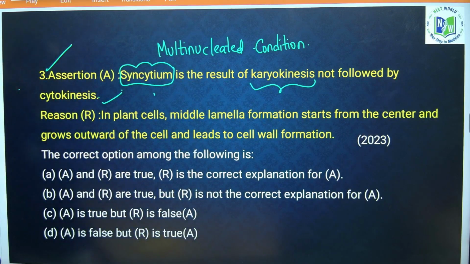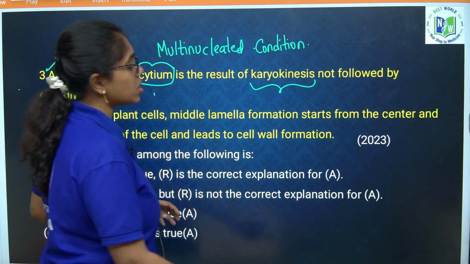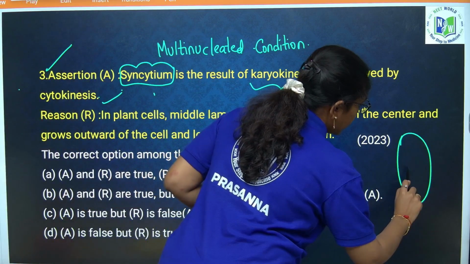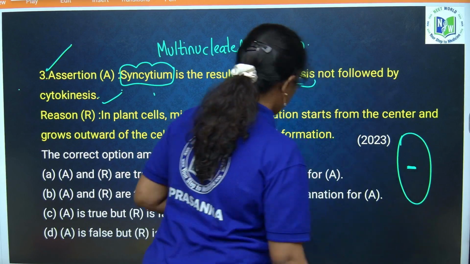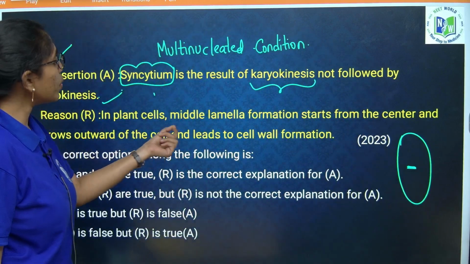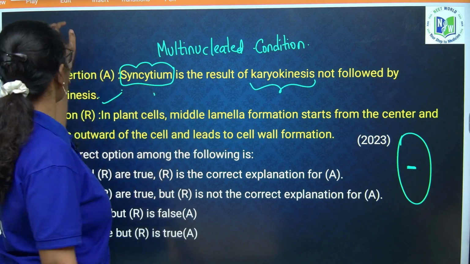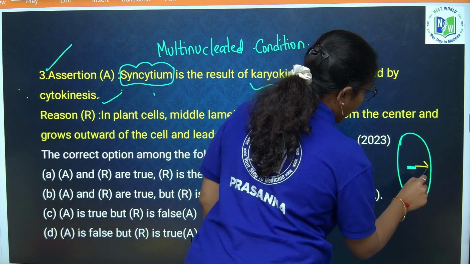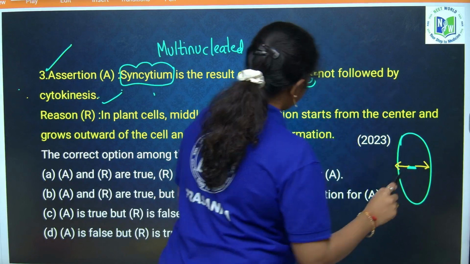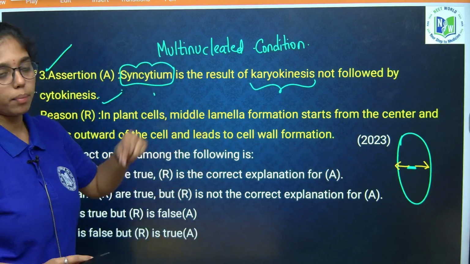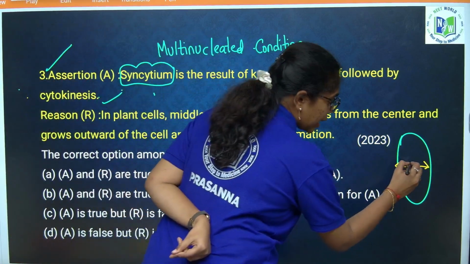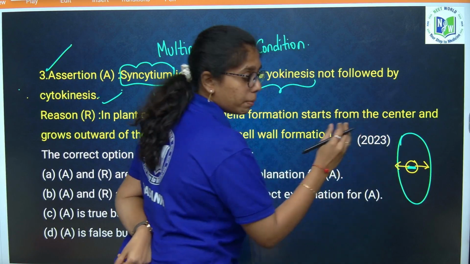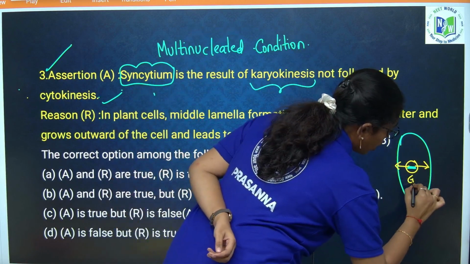In a plant cell, middle lamella formation starts at the center and grows outwards, leading to cell wall formation. Middle lamella is produced by Golgi bodies.